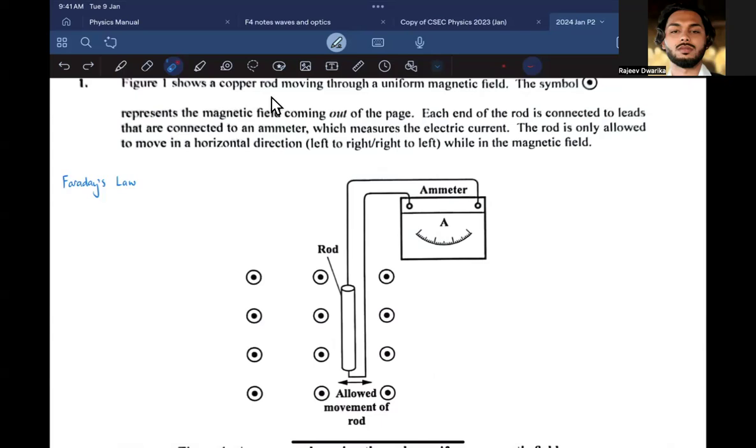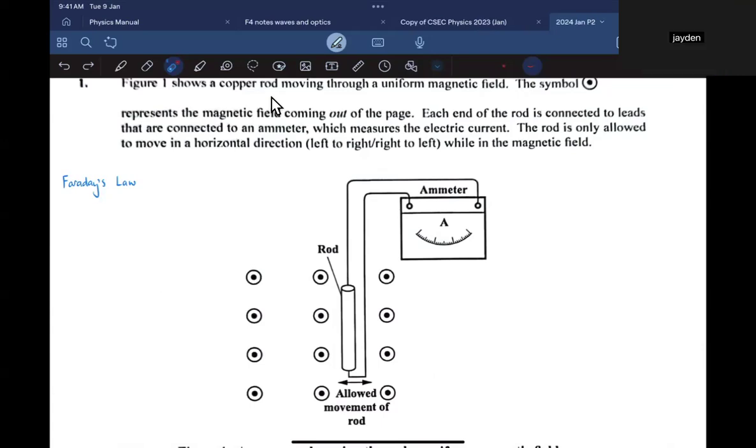That being said, aren't we moving the rod in the magnetic field? So there's a magnetic field here. You're not seeing it, but there is a magnetic field. And this is supposed to represent the magnetic field coming out of the paper. So if we're moving the rod in the magnetic field, aren't you changing the position of the rod with respect to the magnetic field?